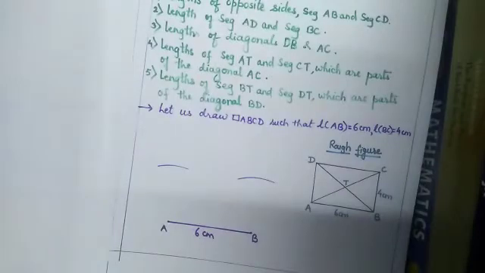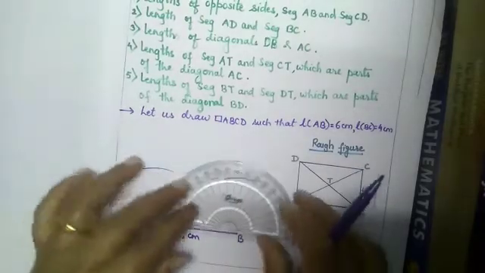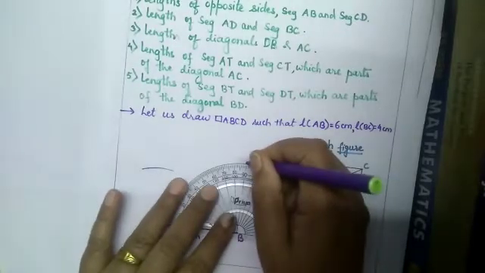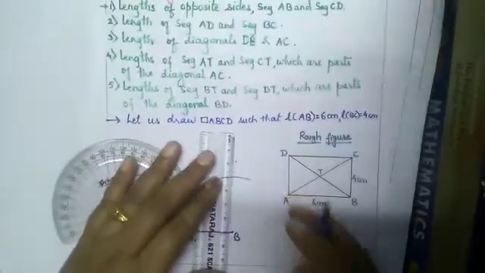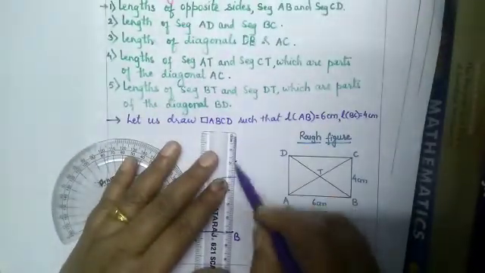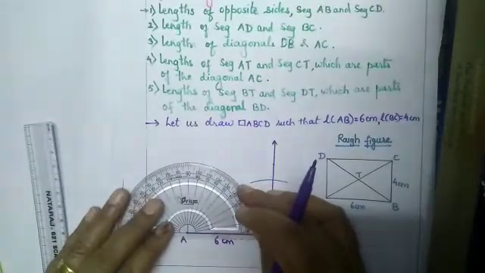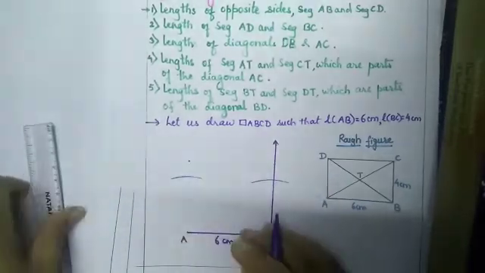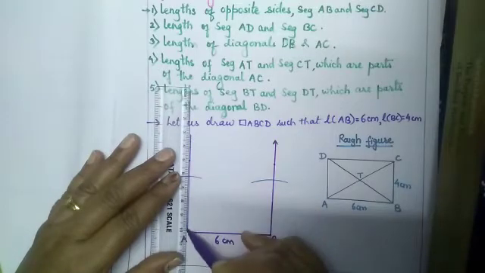Now, as all the angles of a rectangle are 90 degrees, all are right angles, from B also we will take a measure of 90 degrees and join it. Draw two rays over here, and from A also we will take the measure in a protractor as 90 degrees, join this arc and the point from A, and draw one ray here.